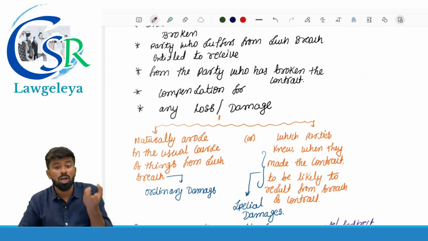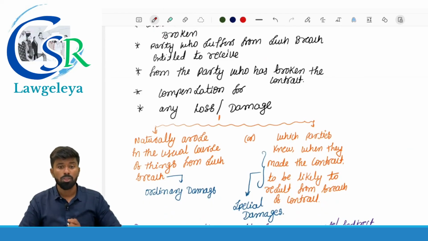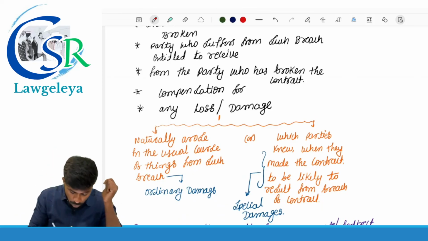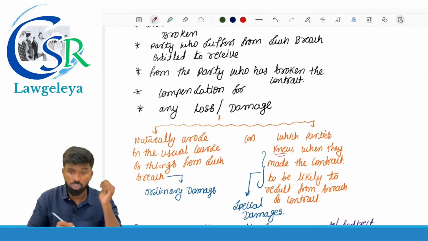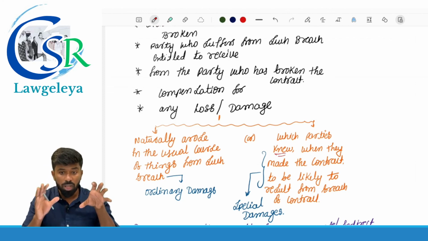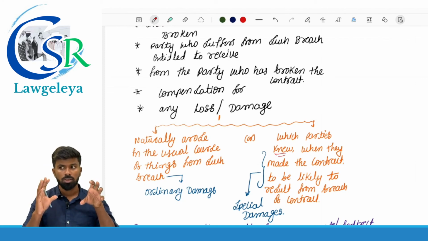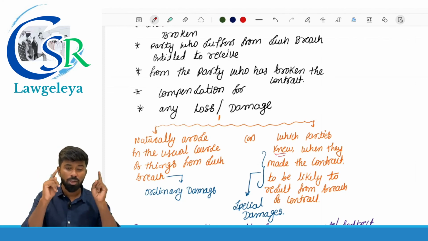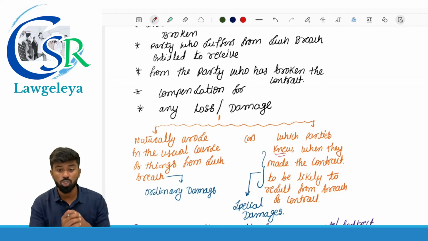which naturally arose, ordinary damages, in the usual course of things from such breach, or which parties knew, most important. To recover the special damages, the party should be aware about the happening of such loss. Aware to whom? Both the parties. The party should be aware about the special damages when the contract was made.